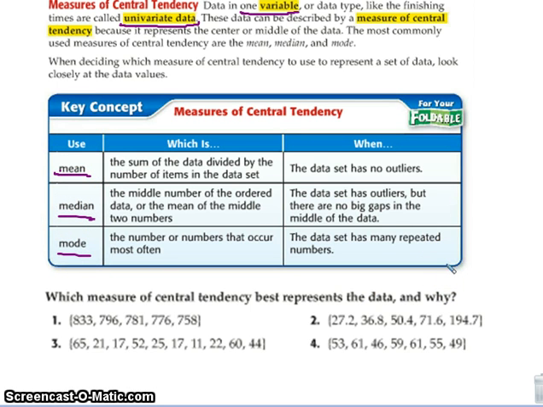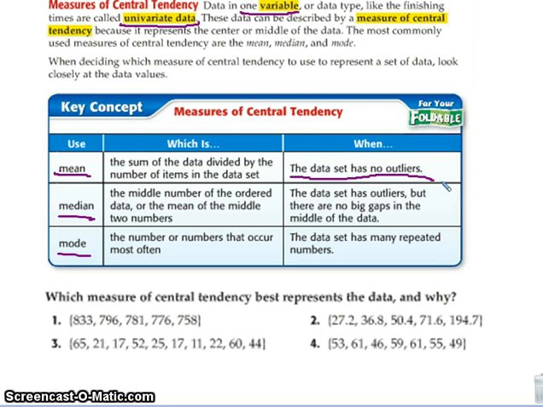All of you should know how to find the mean, but the mean is the best central tendency when the data has no outliers. Anybody remember what an outlier is? Yeah, when you've got a number that's not anywhere close to the others, it's significantly different than the others, and that's going to be an outlier.